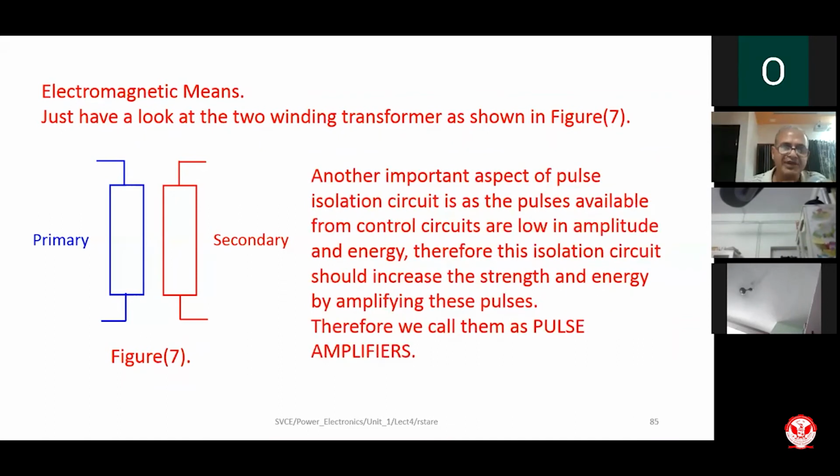Of the pulsation, which is 1% here, the energy, the current and energy which is required for the operation of the switch, which is available in the secondary, has been transferred from the primary.